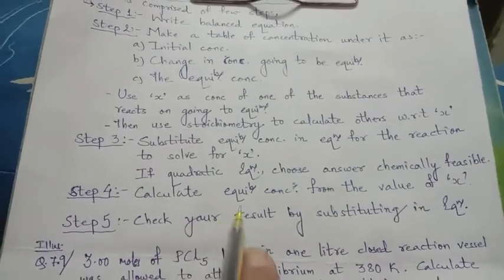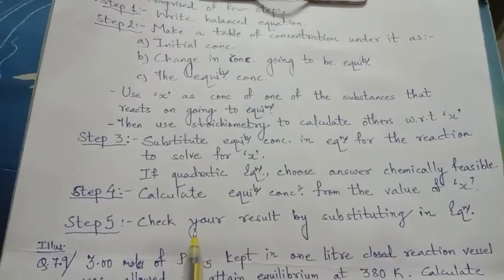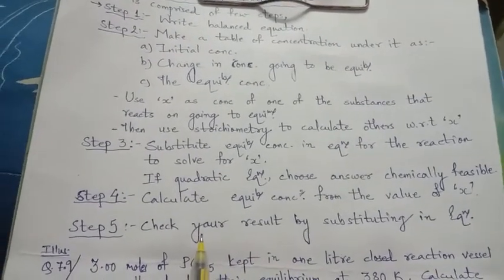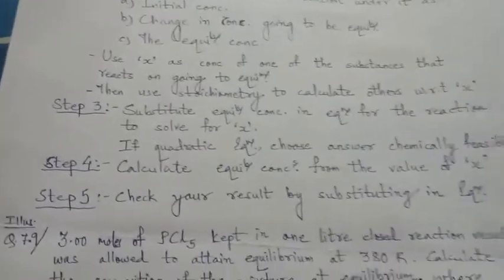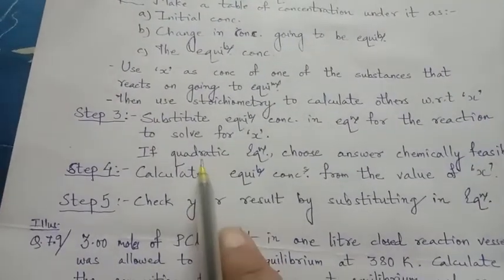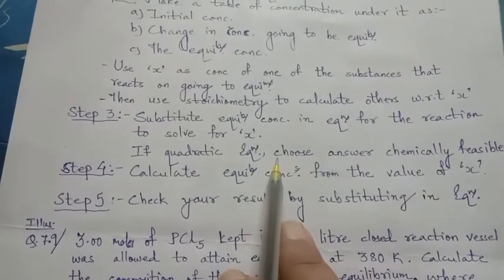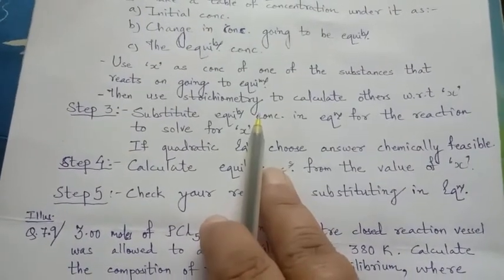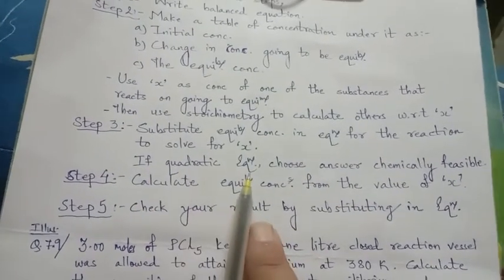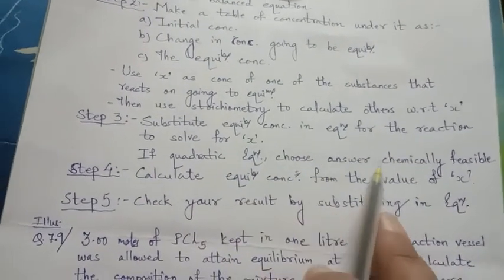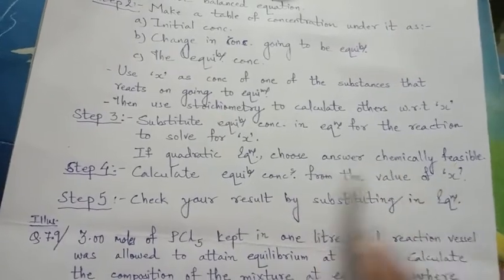After getting the equilibrium concentration, we have to substitute the values and solve for X. If on solving, after substituting the values, we get a quadratic equation, choose the answer which is chemically feasible.